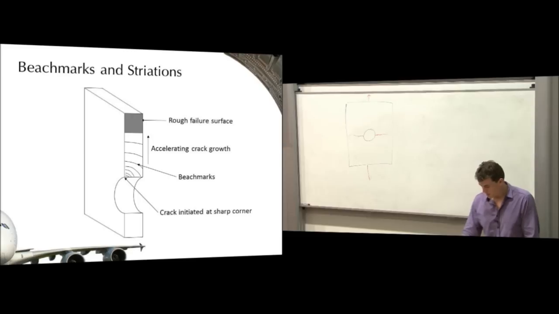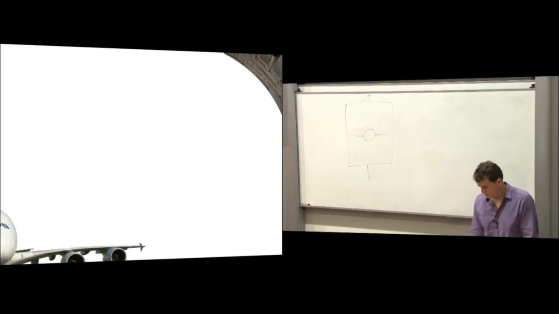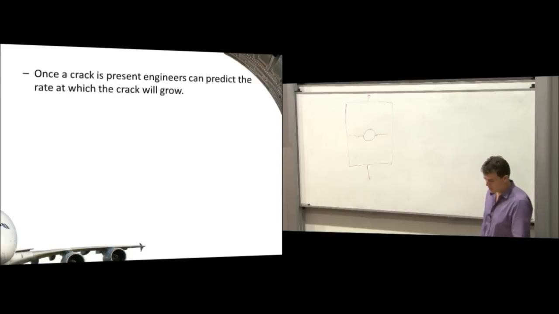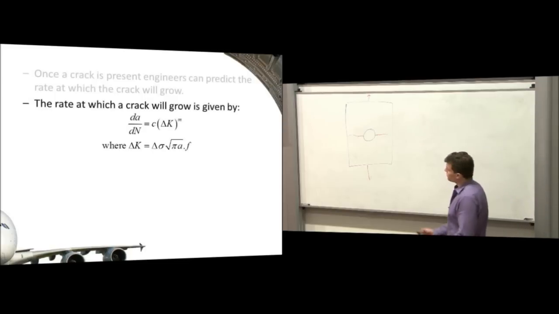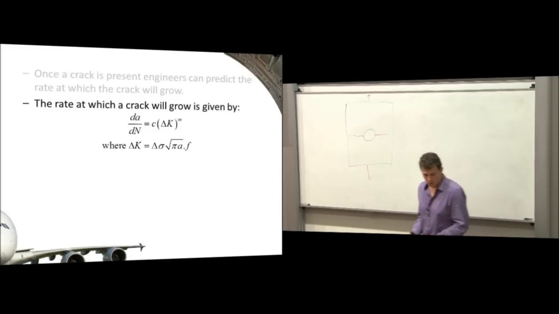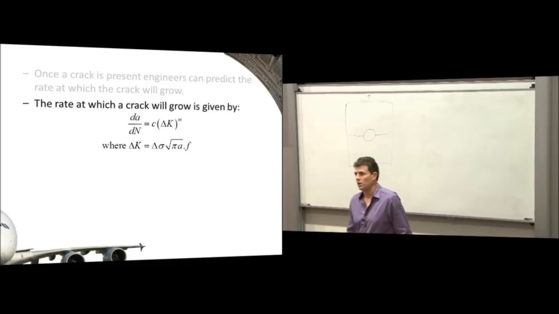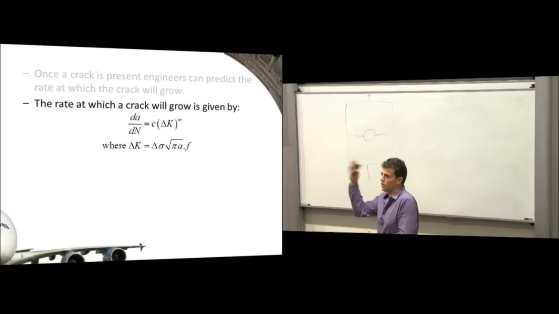Now, how do we predict that? We have to use a combination of a couple of different empirical and first principles techniques. Now, when I say empirical, I mean that it's not predicted from solid mechanics theory. If we went and measured the stress of a material, we can predict the stress in something from first principles. If it's a bar, we can divide the force by the area. We can measure the stress.